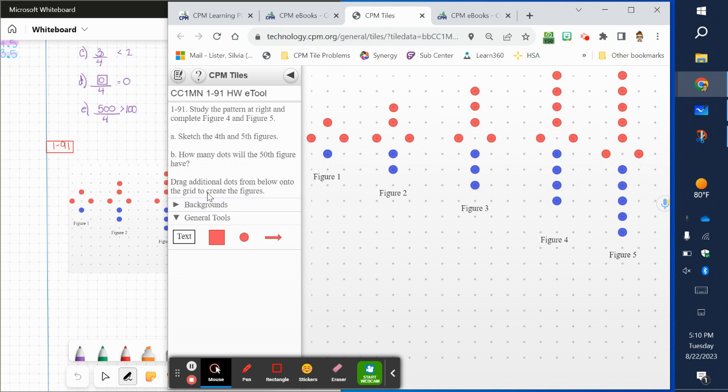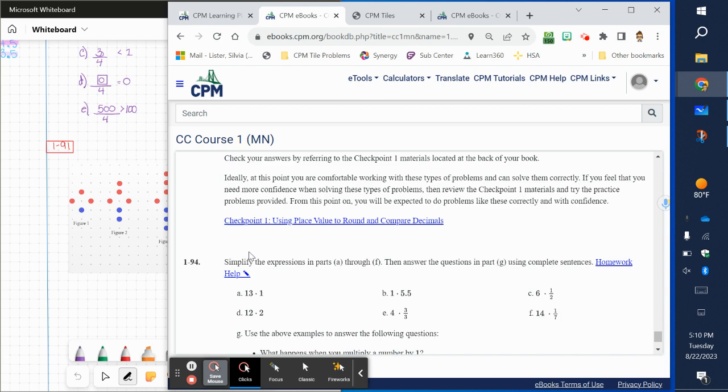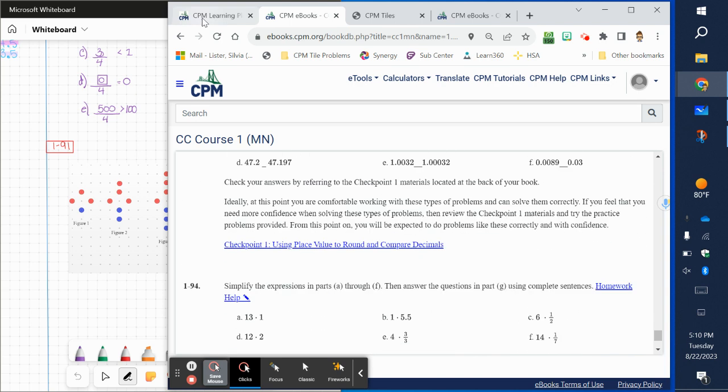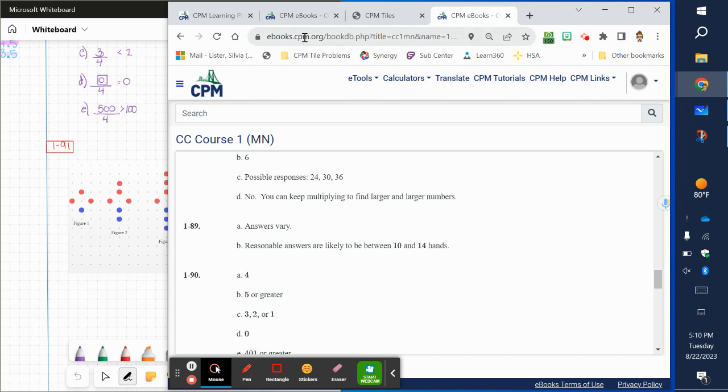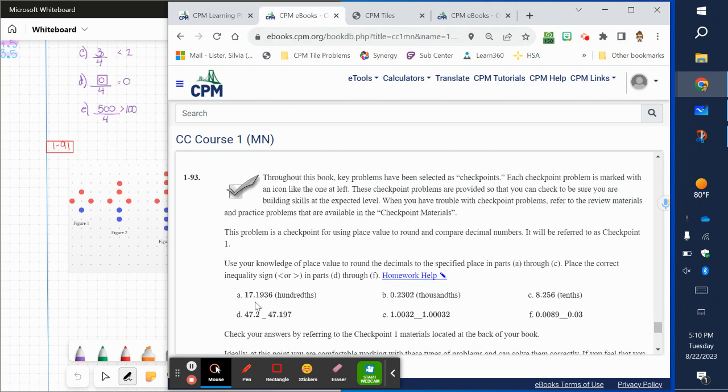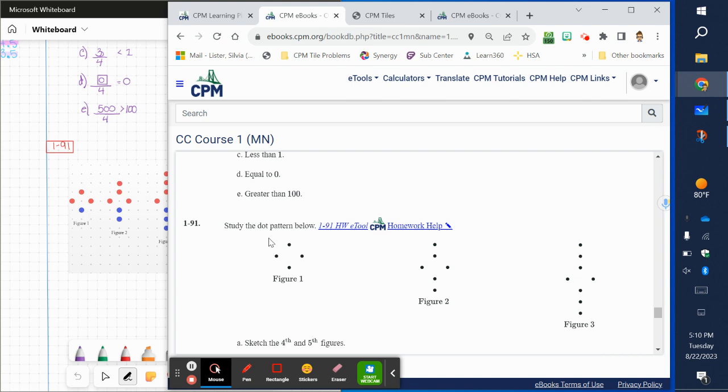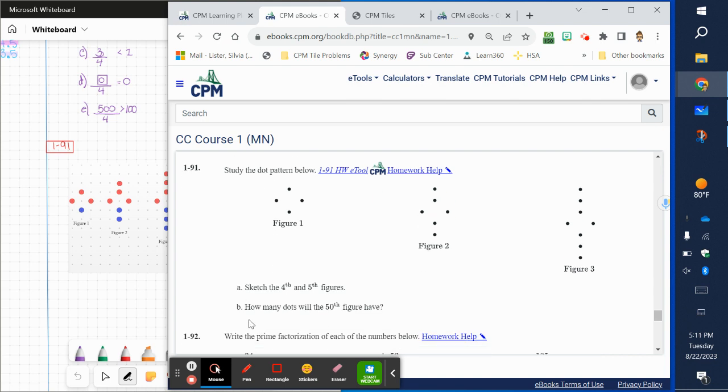Now let's look at letter B. And it says, let's go back to the book so I can read it. It might be a little easier. Oh, I lost it. How many dots will the 50th figure have?